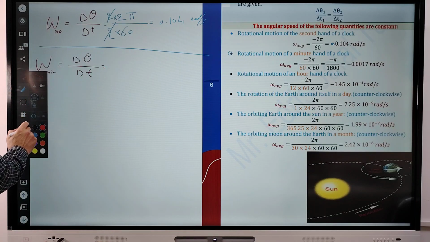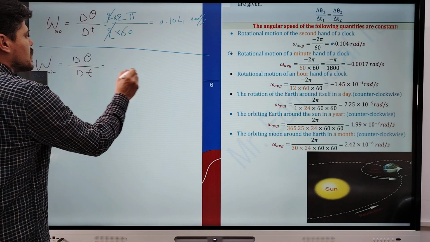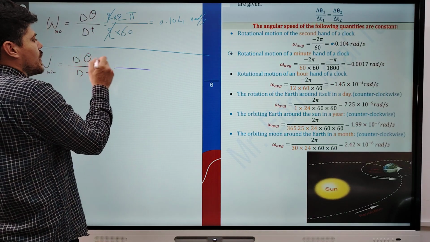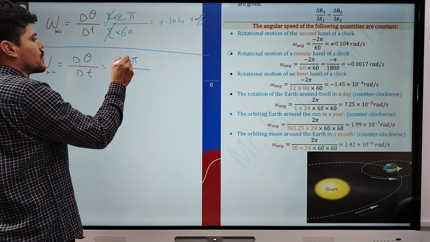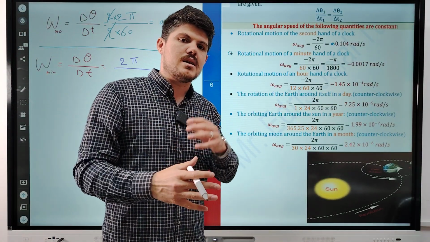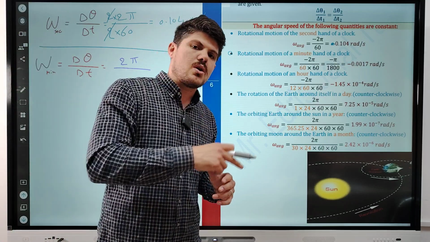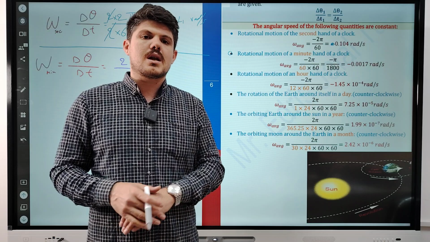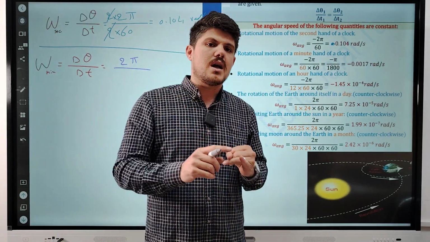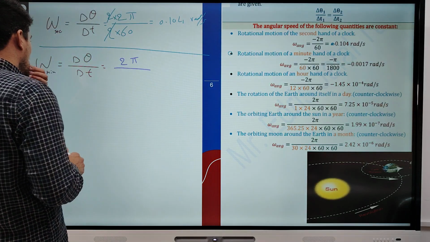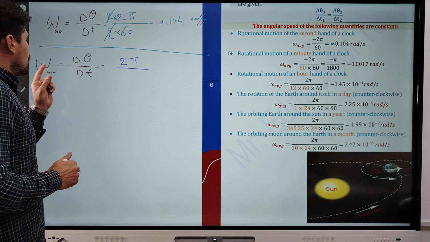For the minute hand, for 1 complete cycle, how many rads do we have? 2 pi rad. For 1 complete cycle of everything, the minute hand, the second hand, the revolution of Earth around itself, the orbiting of Earth around the sun, every full cycle has 2 pi rad, divided by time.